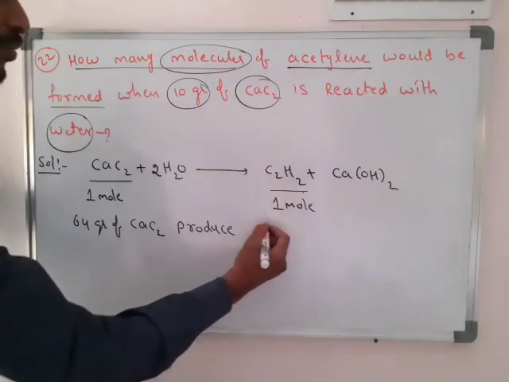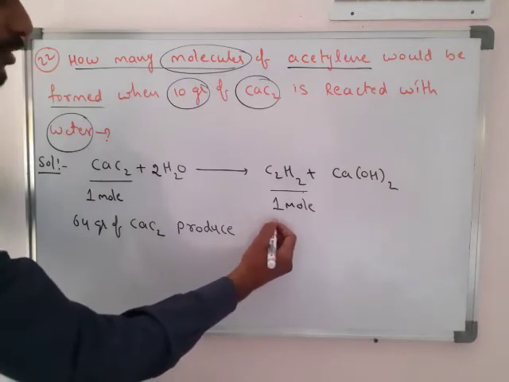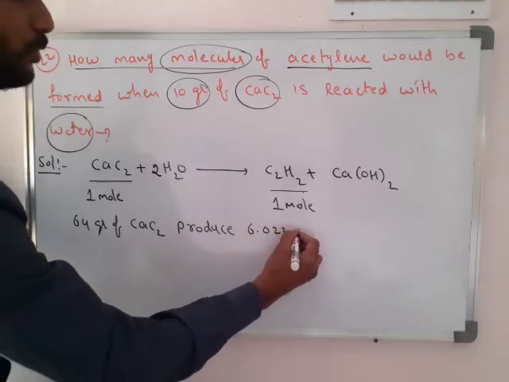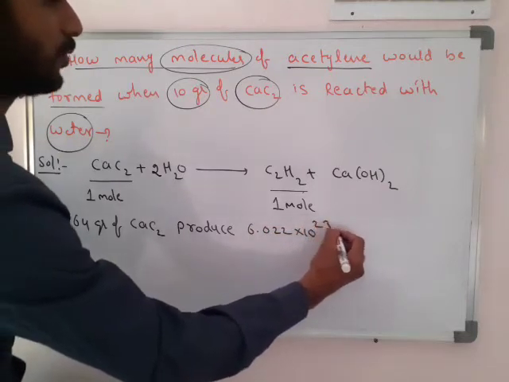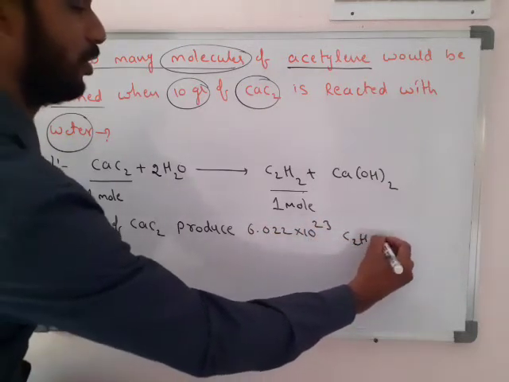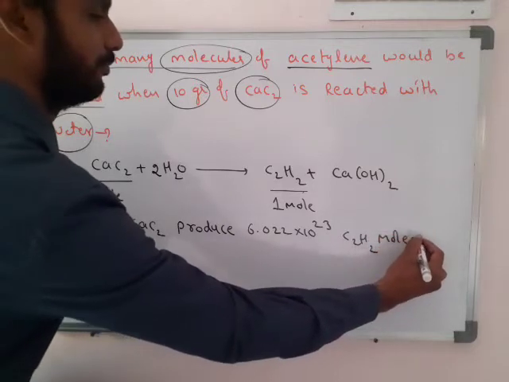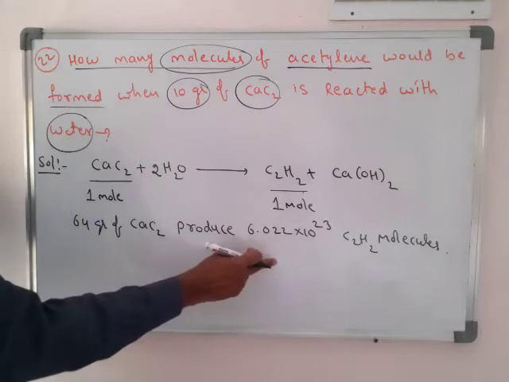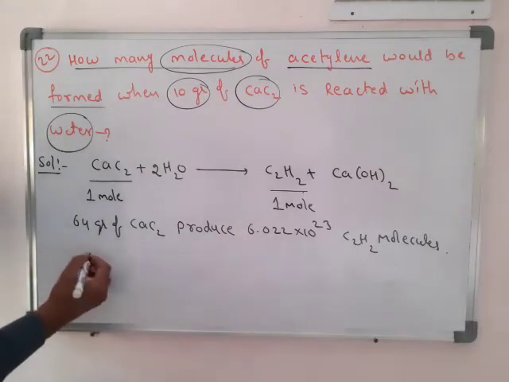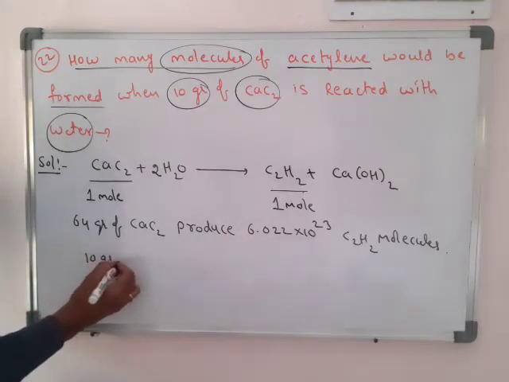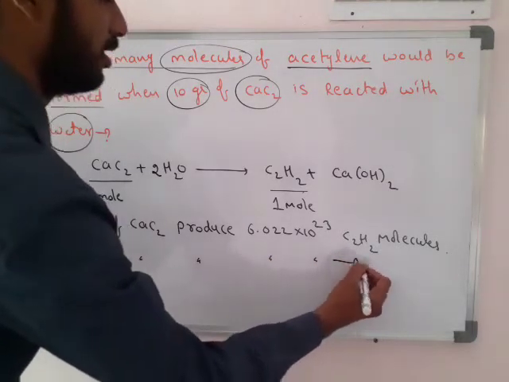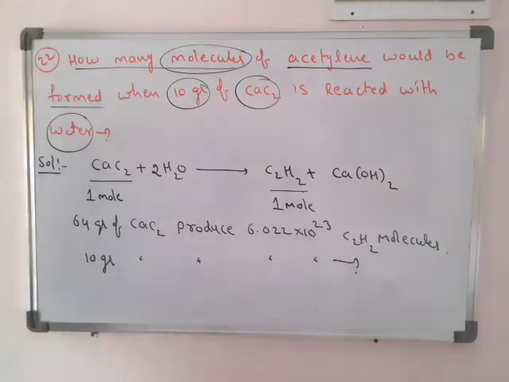So 1 mole means how many molecules? 6.022 into 10 power 23 acetylene molecules. This is Avogadro number, 1 mole equals Avogadro number, simple. Then what about 10 grams? 10 grams of calcium carbide produce how many acetylene molecules?